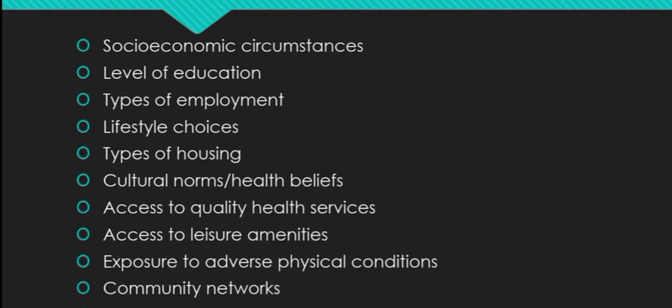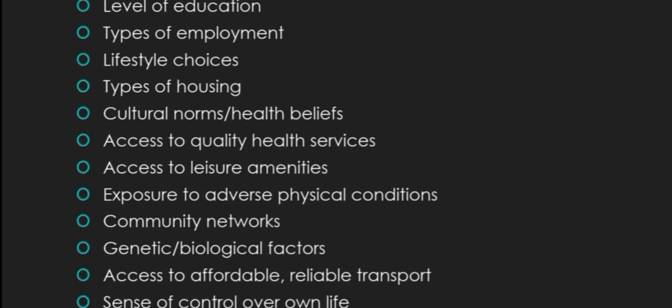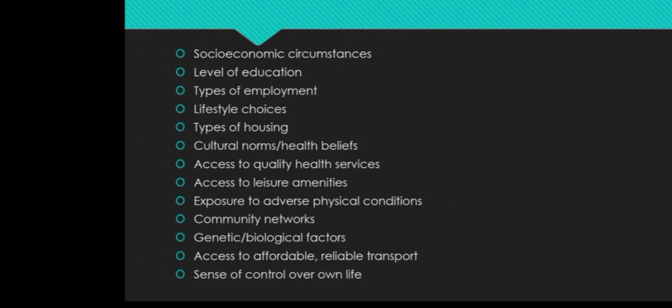Some others include socio-economic circumstances, level of education, type of employment, lifestyle choices, type of housing, cultural norms and health beliefs, access to quality health services, access to leisure amenities, exposure to adverse physical conditions, community network, genetic and biological factors, access to affordable, reliable transport, and sense of control over life.